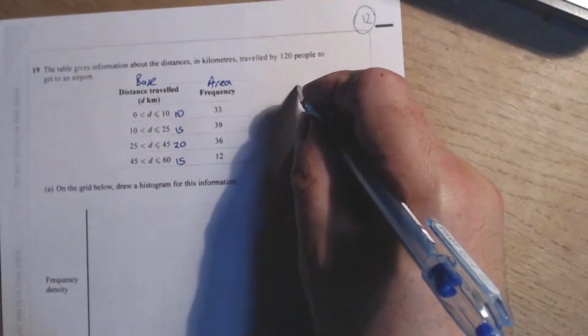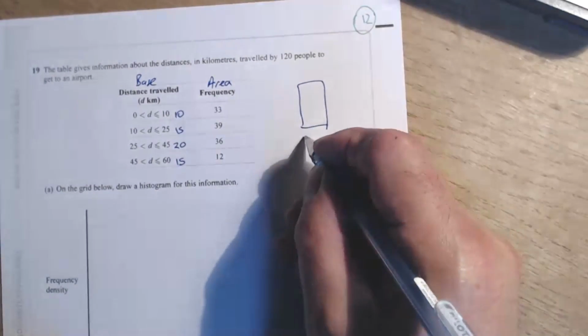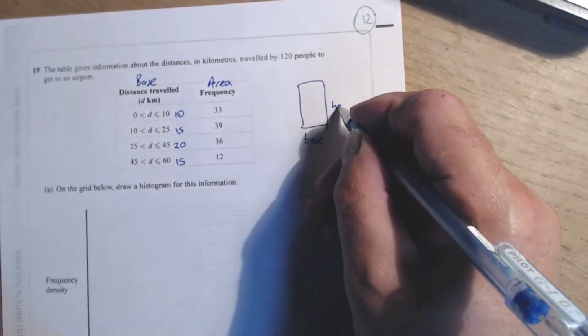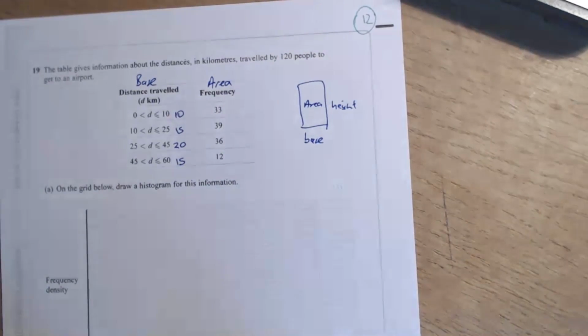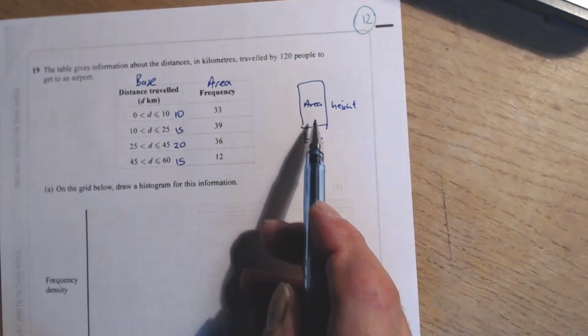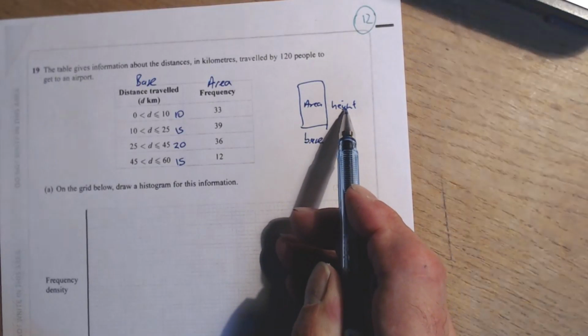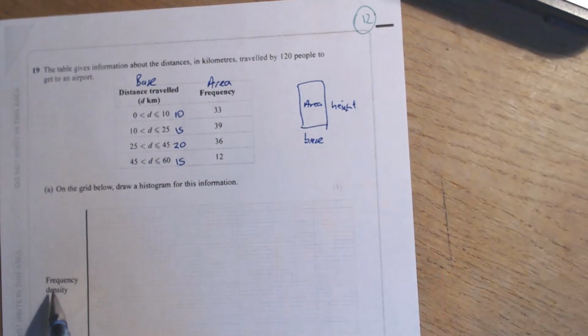Now think about a rectangle. We have base times height equals area. So working backwards, area divided by base must give us the height of each of these rectangles, or in other words, the frequency density.